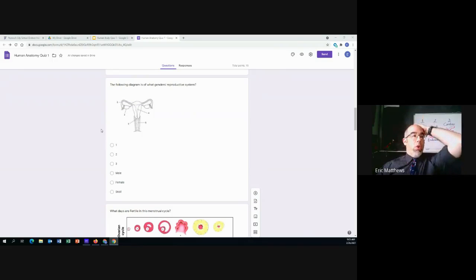Number 5, the following diagram is of what gender's reproductive system? Is it number 1, number 2, number 3, male, female, or snail? So this diagram is for who? What gender? 1, 2, 3, male, female, or snail?